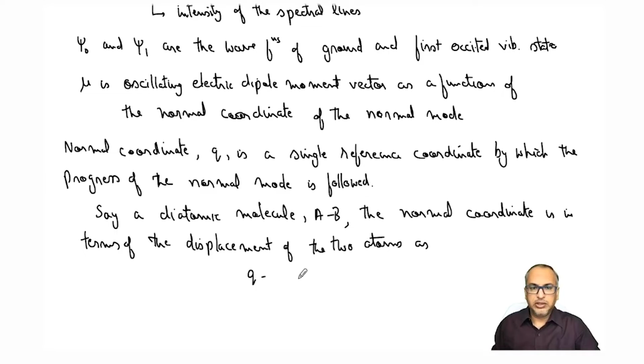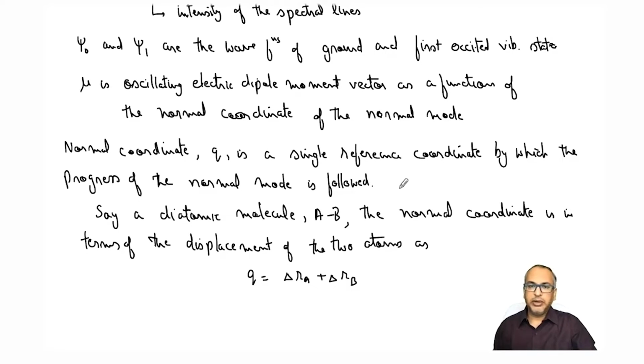We can write it as delta RA plus delta RB. So how much A is moving from its mean position, how much B is moving from its mean position, that is called delta RA and delta RB, and the total sum of that will be called Q. So Q is a normal coordinate to define that particular normal mode, which is the vibrational mode. So every vibrational mode can be expressed in terms of a normal coordinate, which is a single reference coordinate.